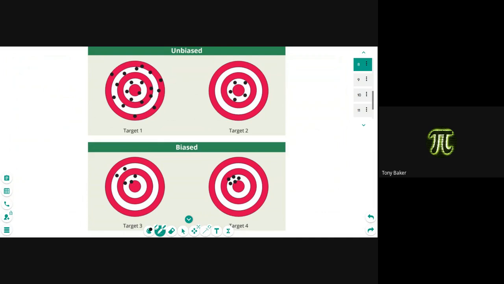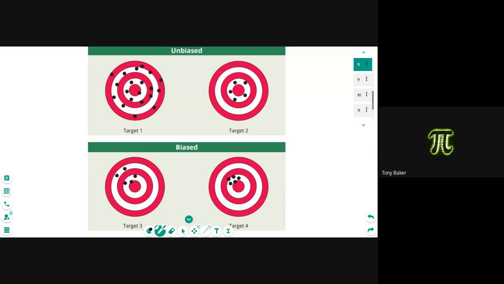Yes, target one, all over the place. Okay? Yes, he's a horrible shot. But it's equally distributed all over. So the gun is not the problem. The sights are sighted incorrectly. He's just a horrible shot. Target two, all close to the center, but again, equally spaced around the center.